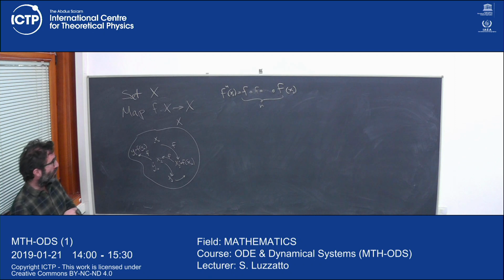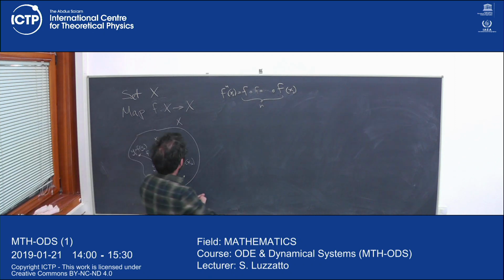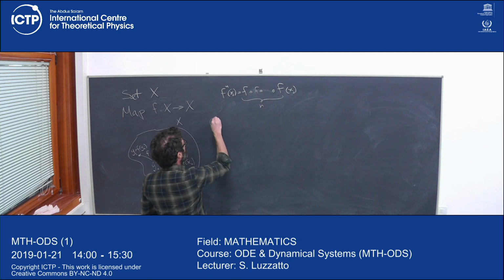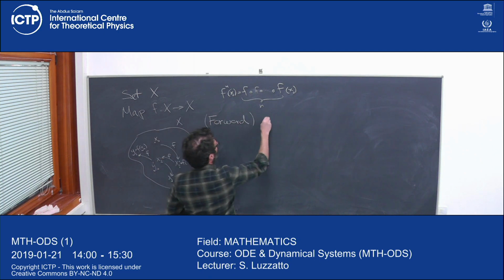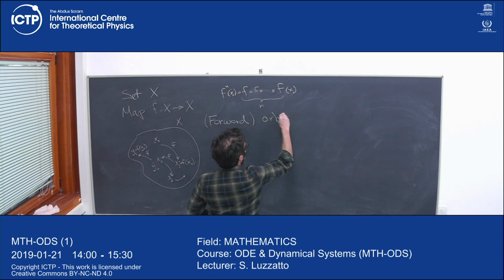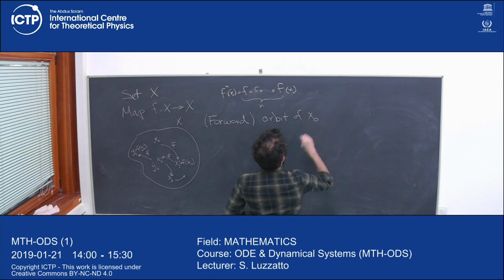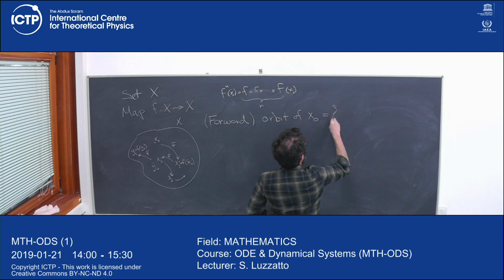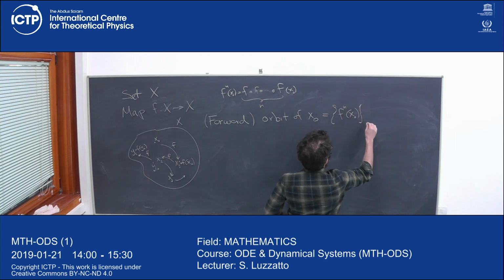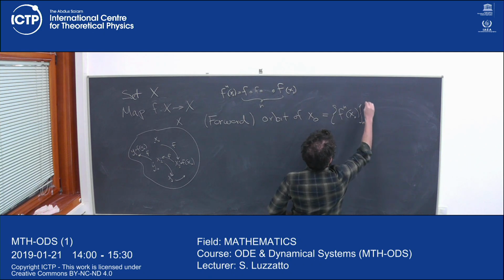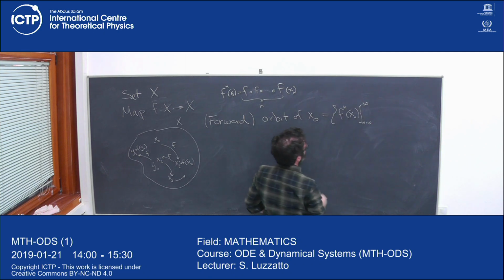which is that there are some, so the orbit, we define the orbit, so the forward orbit of x0 is the set f^n of x0 for n equals 0 to infinity.